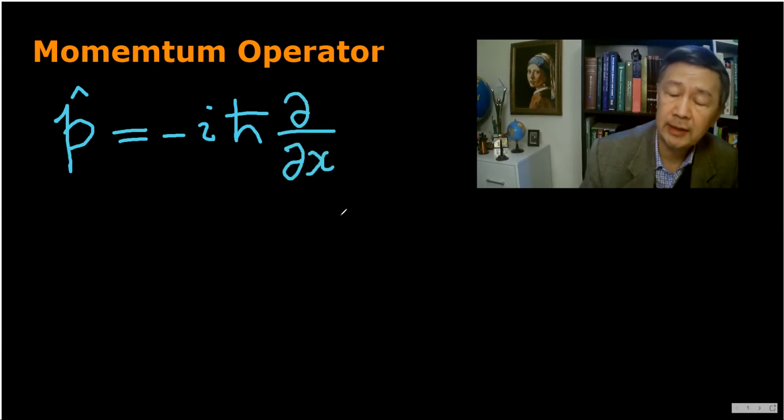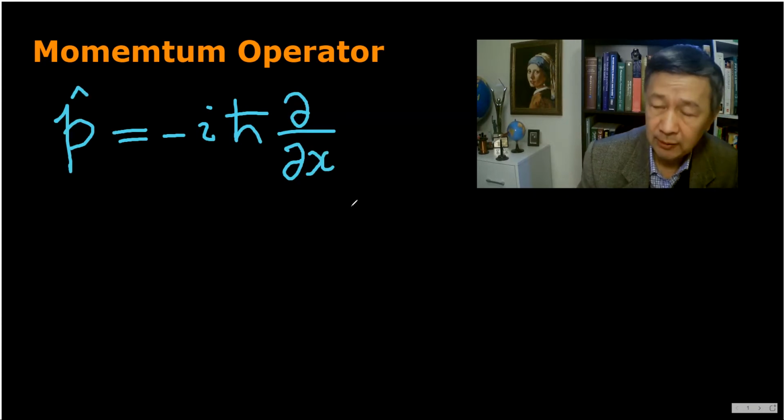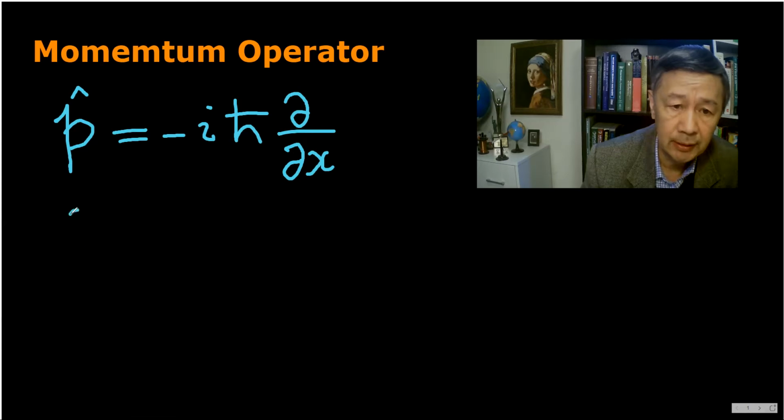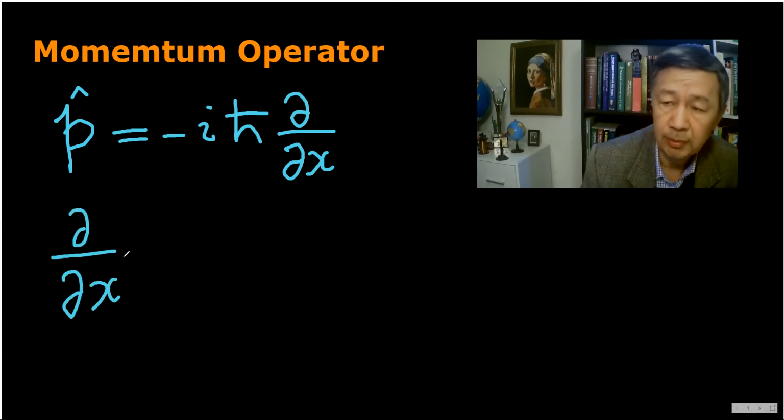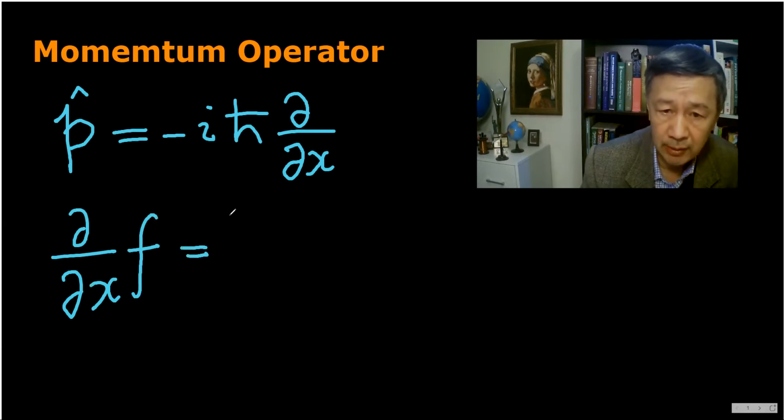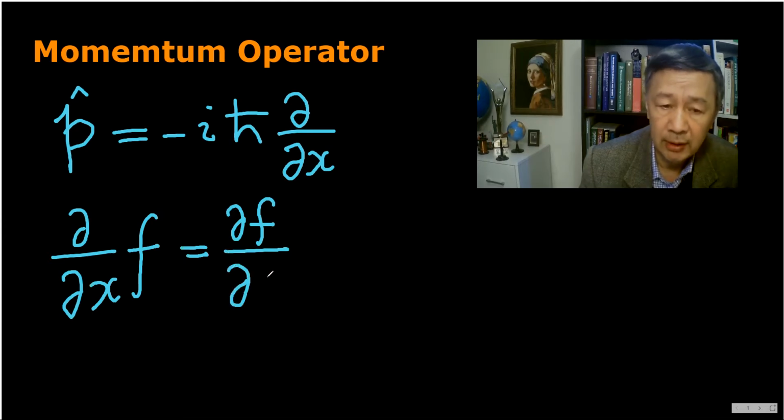So ∂/∂x represents the first derivative in calculus. If you apply ∂/∂x, called a partial derivative, to any function, you get its first derivative. That is a little bit of explanation of how to use this notation.